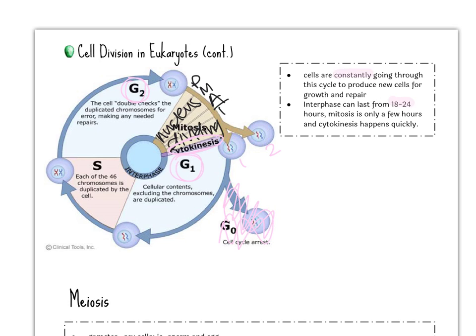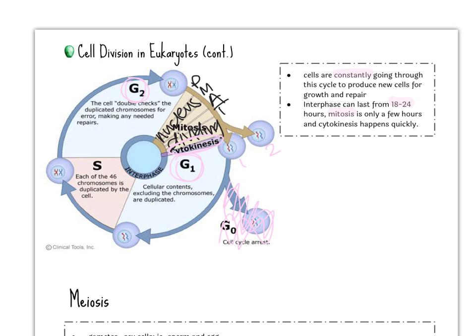Mitosis is only a few hours, and then cytokinesis happens pretty quickly. So the cell spends most of its life during growth, doing DNA replication and double checking, living its life.